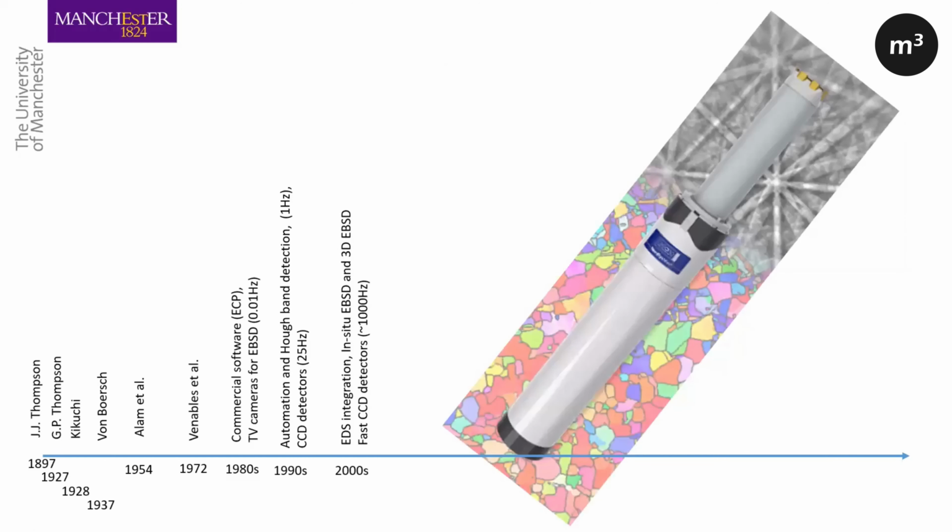And then in the early 2000s, EBSD integration came. So we could do in situ EBSD, because the speed was high enough to do some in situ analysis, and 3D EBSD, because FIBs were coming about, focused ion beams. And then faster CCD detectors came about, where speeds increased to 1,000 hertz or so.